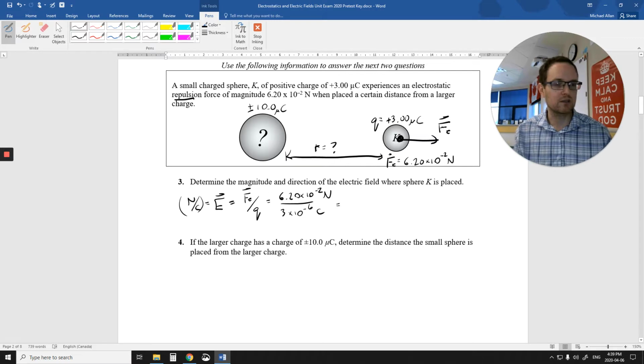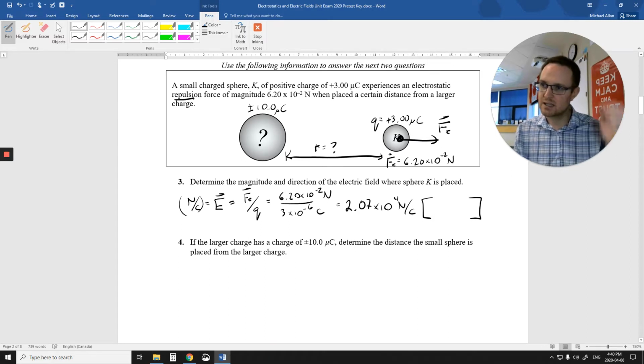You've got to make sure those are regular coulombs when you do this. We have regular newtons there, which is in scientific notation. So I'm just punching my calculator right now. What do we get for our electric field? So we get about 20,666, about 3 sig digs, so 2.67 times 10 to the 4 newtons per coulomb.